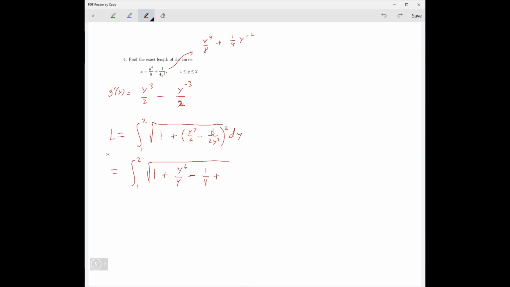No, that's times, this middle one's times 2, I'm sorry. So it's plus 1/2. Plus the last one squared.